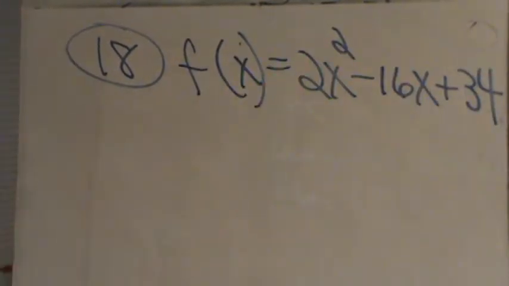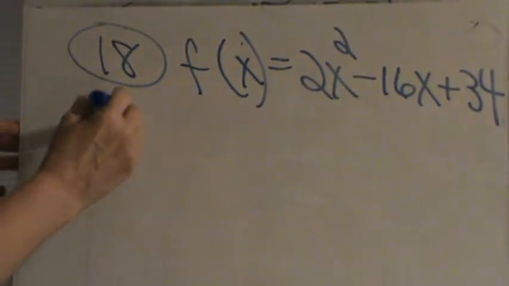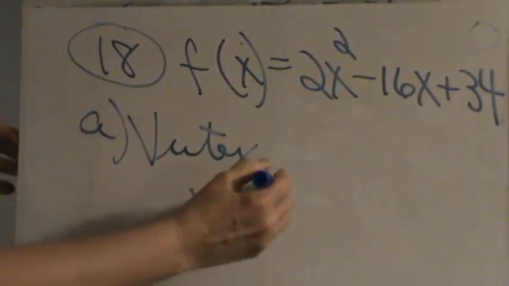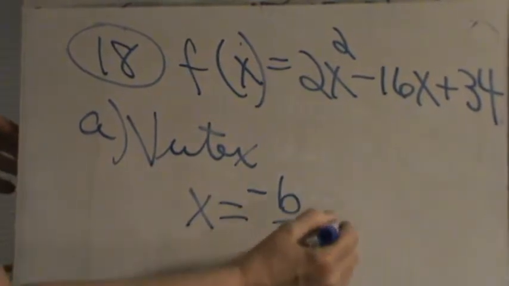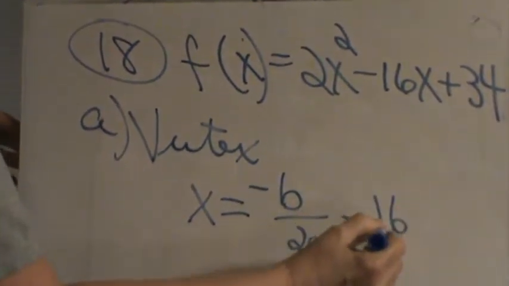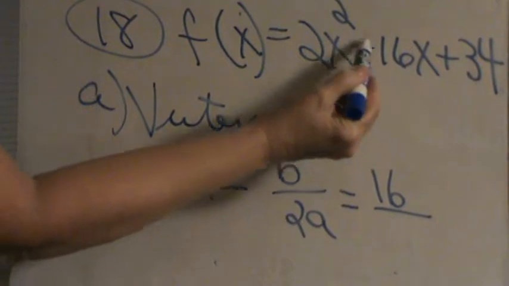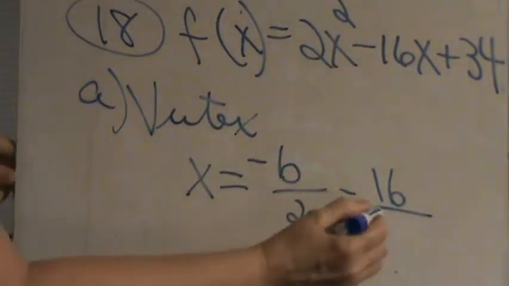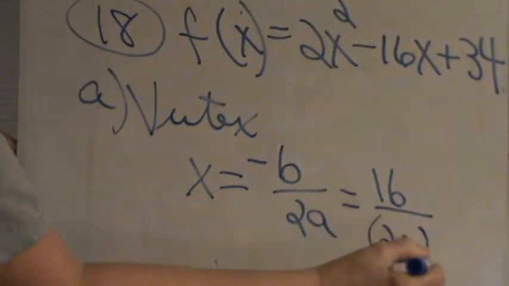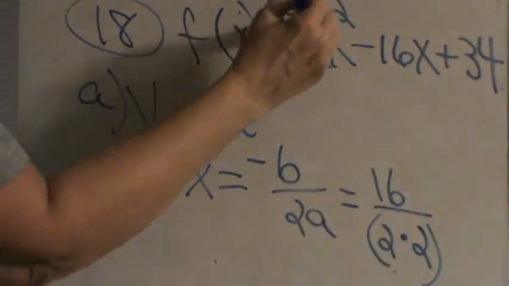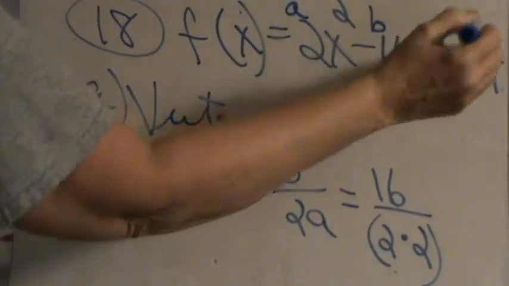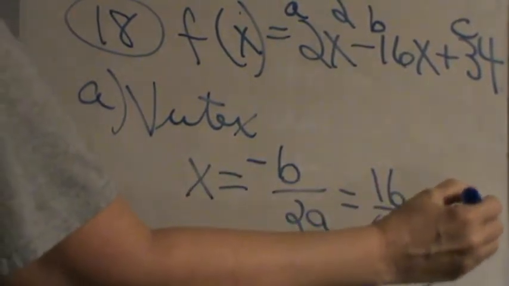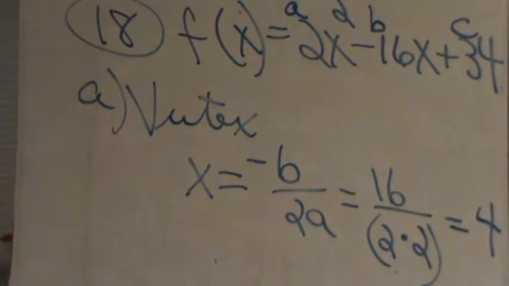There's the quadratic function. First of all, the vertex. x equals -b over 2a. 16, because it's positive, because you've got a negative here and a negative there. So positive 16, over 2 times 2 because a is 2. So that will come out to be a 4.